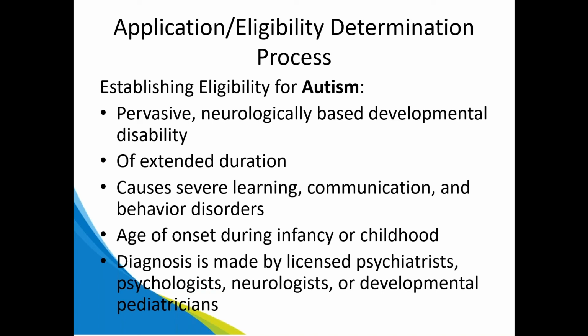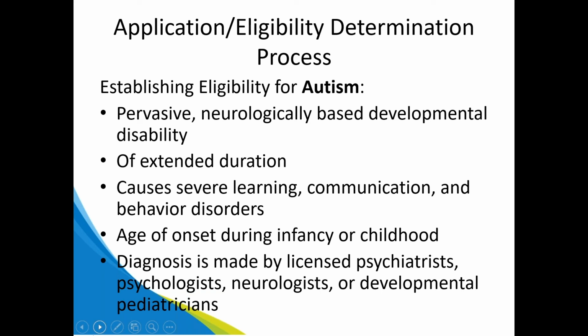Individuals with autism exhibit impairment in reciprocal social interaction, impairment in verbal and nonverbal communication, and impairments in imaginative ability. They have a restricted repertoire of activities and interests. They have stereotyped and repetitive use of language or idiosyncratic language.